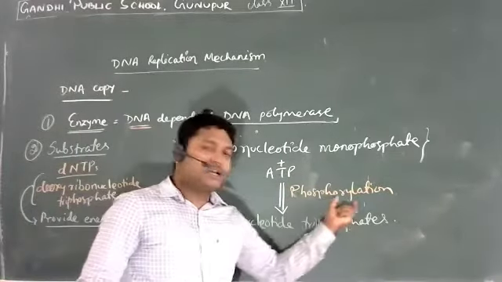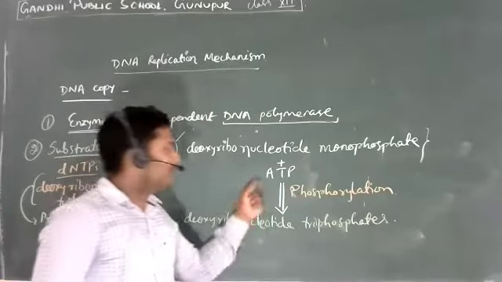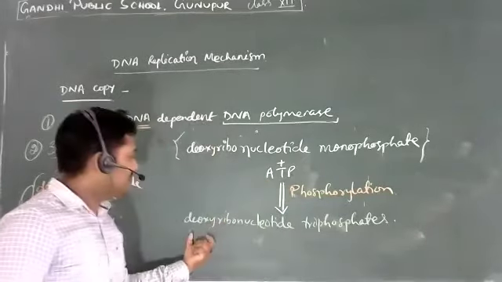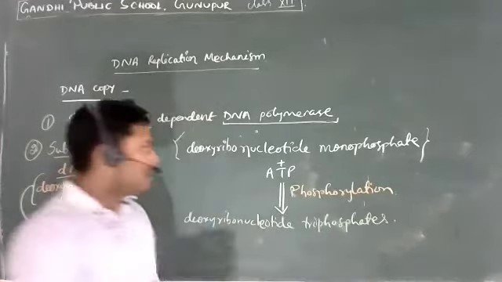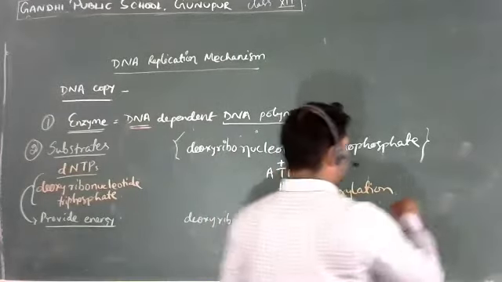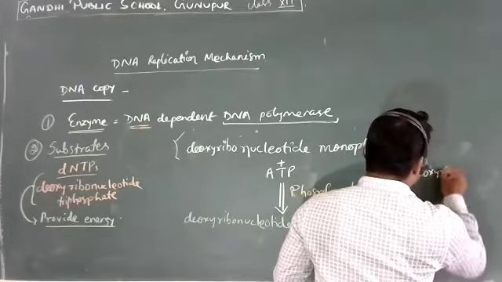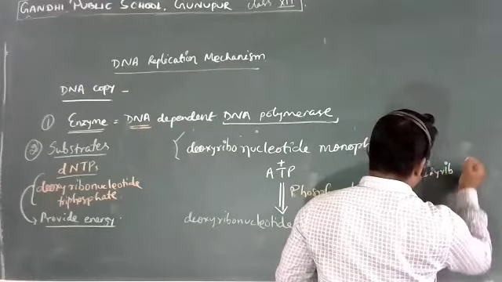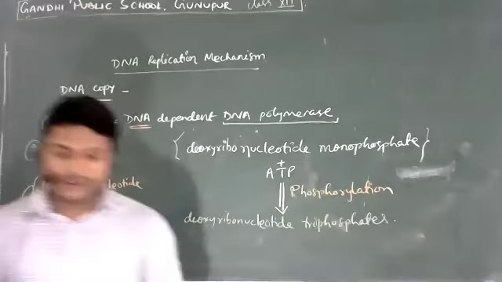By the phosphorylation process, with the help of an enzyme, we are adding the ATP that gives us deoxyribonucleotide triphosphates. Anyway, we'll talk about the examples later.